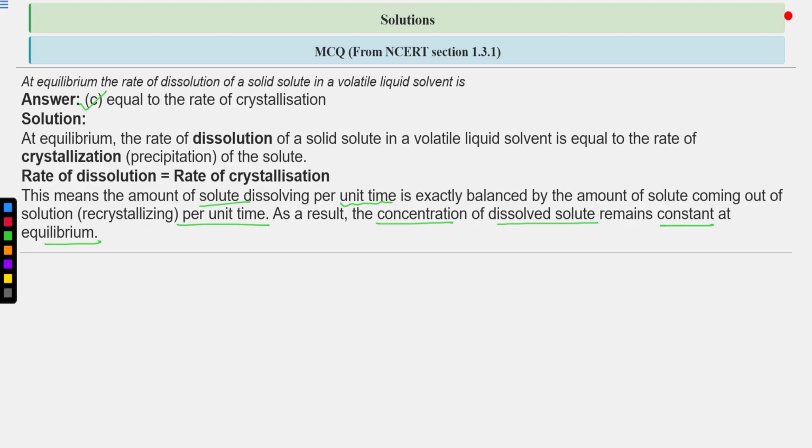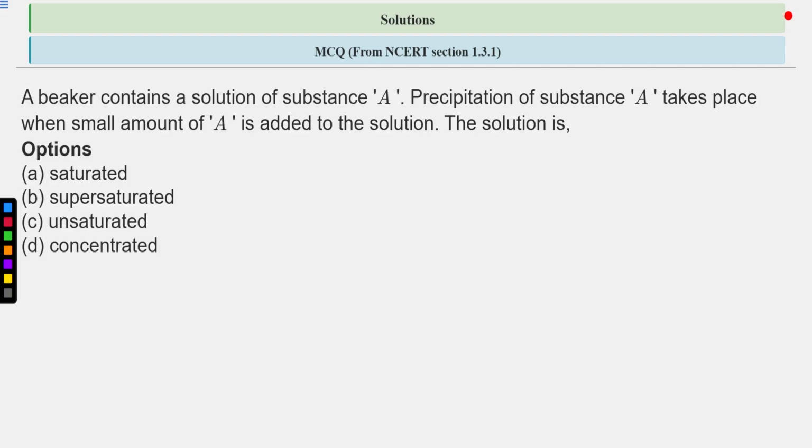Moving on to our next question. This is a question we have taken from the NCERT section 1.3.1. The question says that a beaker contains a solution of substance A. Precipitation of substance A takes place when a small amount of A is added to the solution.